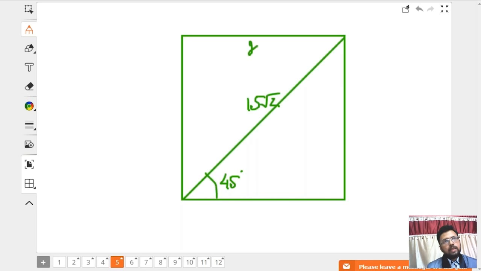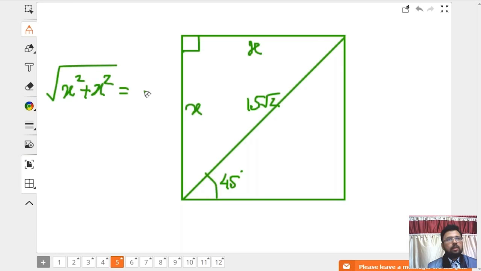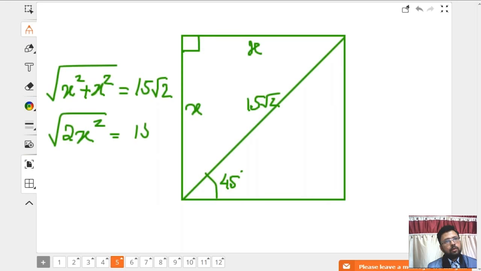use the theorem. This is x, this is also x, this is 90 degrees. So root of x square plus x square is equal to 15 root 2. So how much is this? Root of 2x square is equal to 15 root 2.